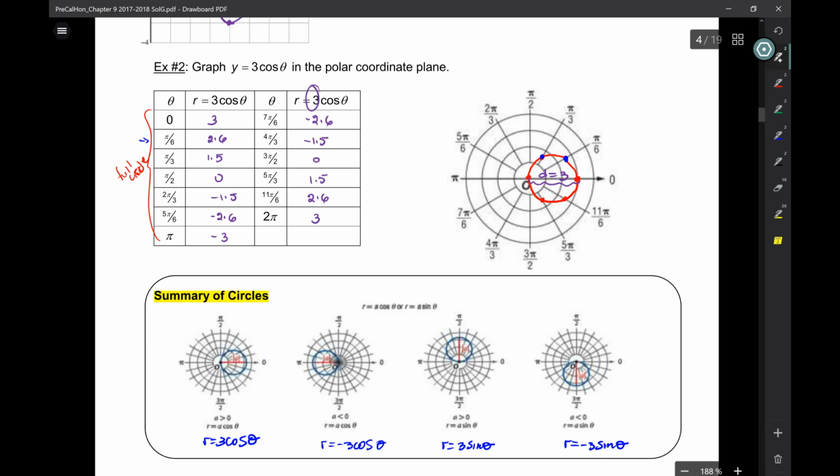So that, okay, the diameter is the absolute value of A. Okay? If r equals A cosine theta, it's the absolute value of A. And it's got to be the absolute value because diameter is a distance and you cannot have a negative distance. Okay? What if you what? Exactly what absolute value is. Oh yeah, I got it. Yeah. Okay.